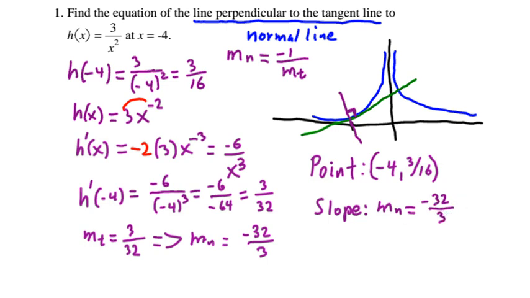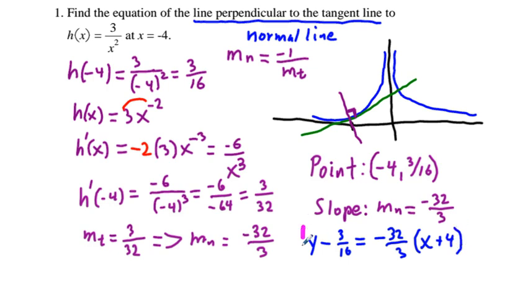And now finally, to write our equation down below, we have y minus y1, which is 3/16, is equal to our slope, which is -32 thirds, times the quantity x minus negative 4, so that's going to be x plus 4.